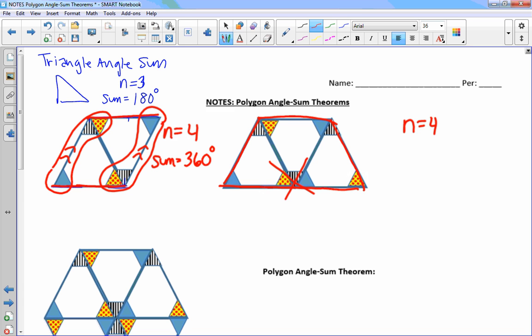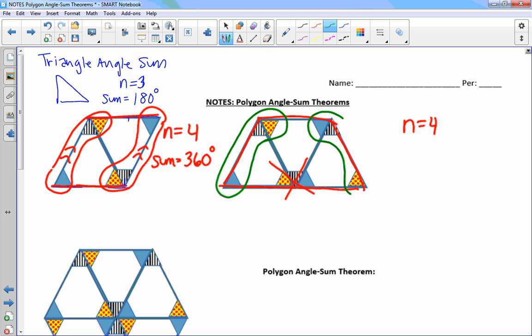So we're looking for groups of 3 angles that we know add to 180 degrees. Here's one group. We get one of each different pattern. Do we have any other groups? Are there any other groups? Yes or no answer, guys.